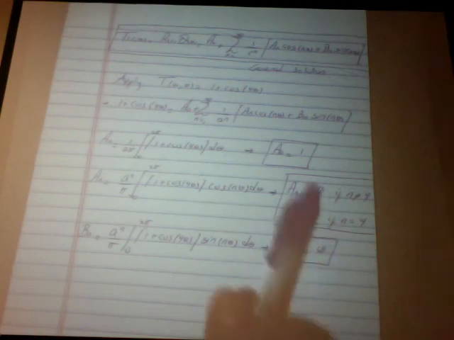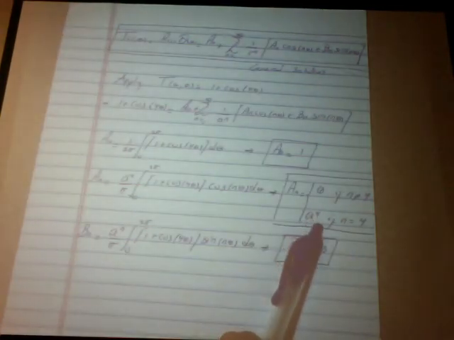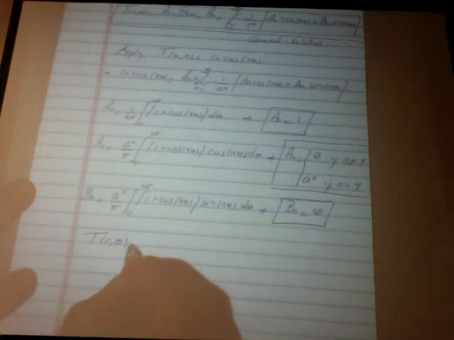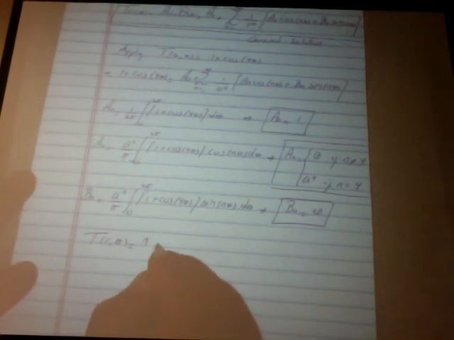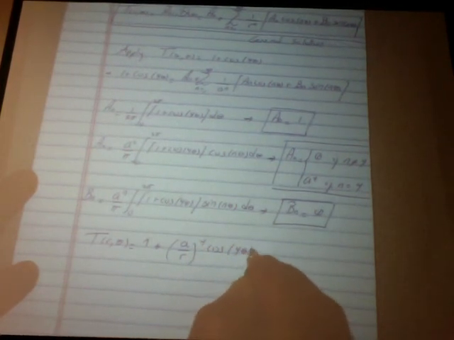So this turns out to be a simple solution, because notice, A0 is equal to 1. B0 is equal to 0. And all of the Ans are equal to 0 except when n is equal to 4. See? So, T of r and theta works out to be 1 plus a divided by r to the power of 4 times the cosine of 4 theta.